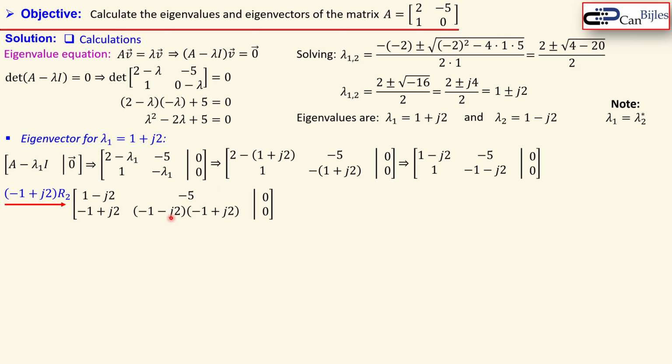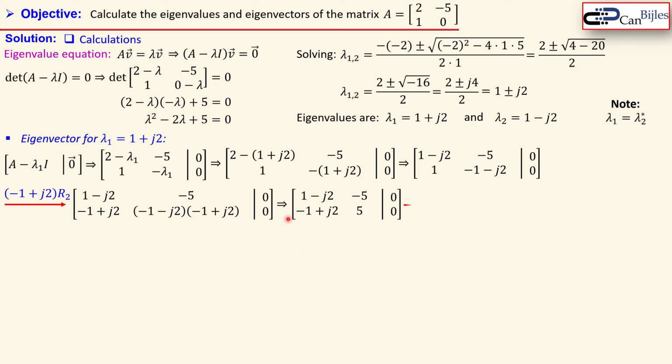Minus j times plus j is 1, so we have 2 times 2, which is 4, and also the minus 1 times minus 1, so in total we have plus 5. So that's effectively what we have. This is now converted into this one. What you see is pretty nice: we have the opposite sign of this one here, and the opposite sign of that one there.